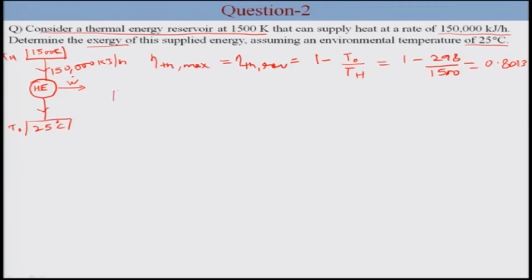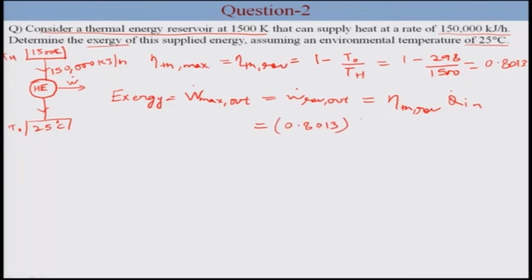So exergy is equal to maximum work out, or it is also equal to the reversible work which comes as output, and this can be written in form of efficiency, maximum efficiency multiplied by the heat which is given as input. So this is equal to 0.8013 multiplied by Q in, which is 150,000 kilojoule per hour.